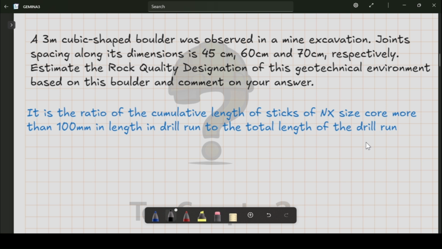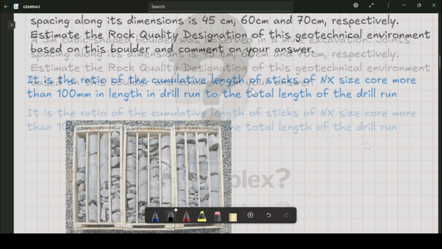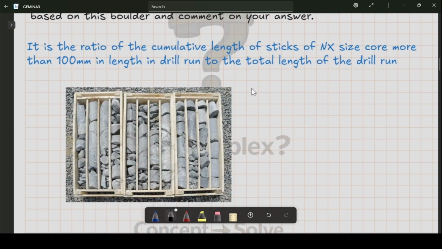Now there's a lot going on here, so for us to understand a little bit better, we're going to use a visual aid. So what we can see here on the diagram, this distance from here to here, that is the length of the drill run.